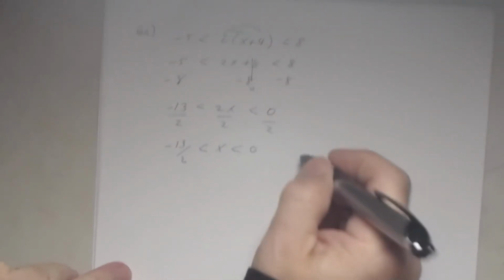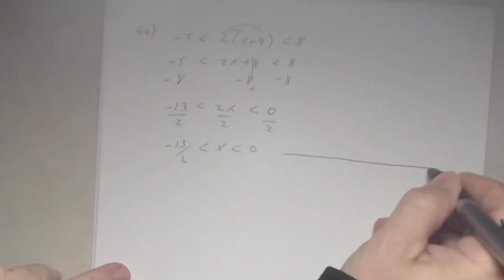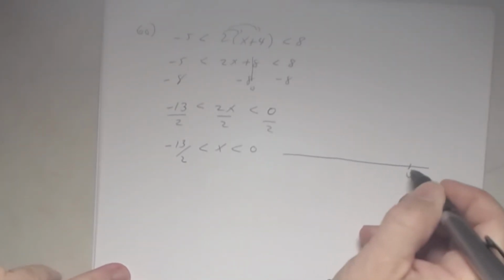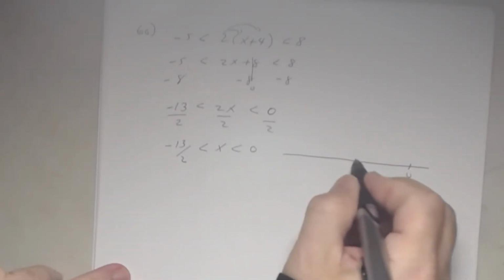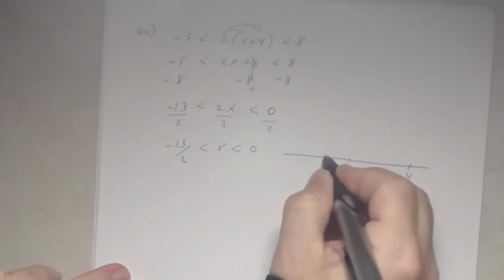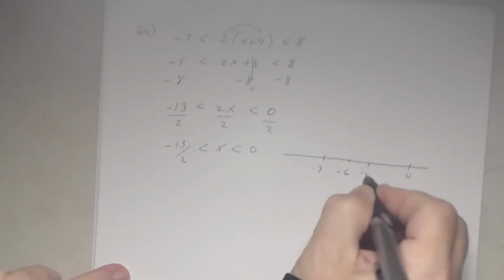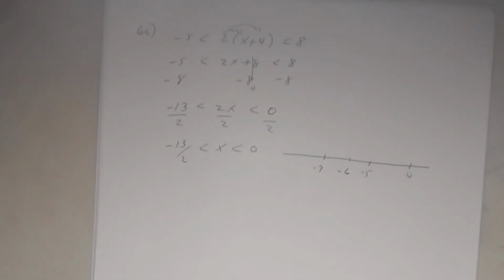Okay. So on the number line, let's say this is 0 here. Let's say this is -6, -7, -5. Okay, where do I put -13/2? First of all, figure out what -13/2 is as a decimal.